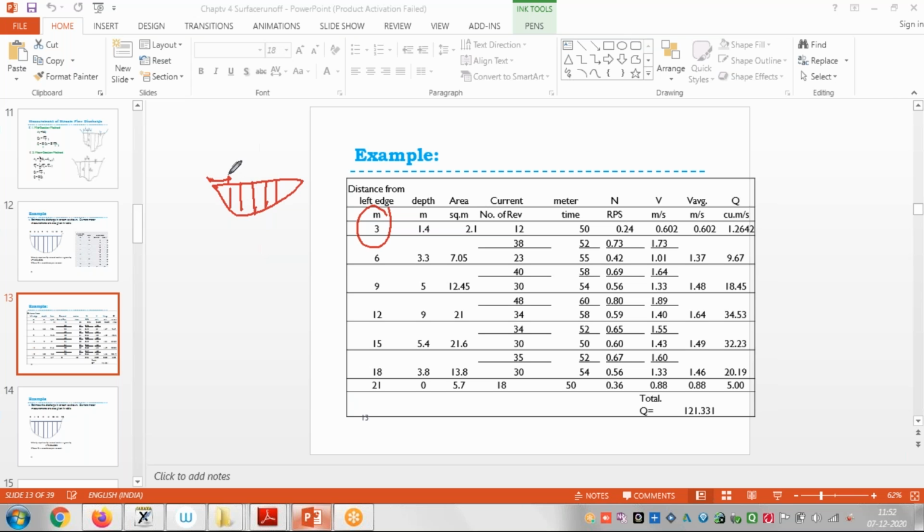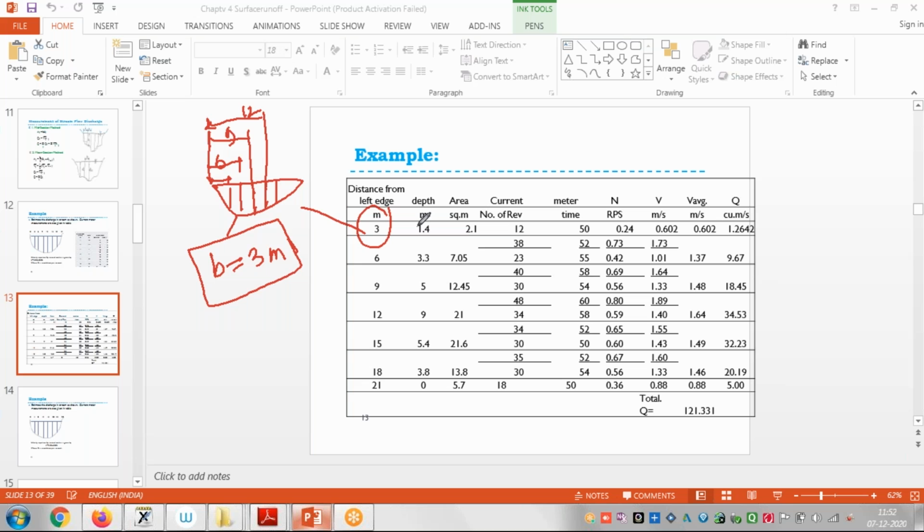From the left edge to this distance is given as 3 meter, right? From this it is given as 6 meter, right? Again from the edge, this distance is given as 9 meter. Likewise, this distance is given as 12 meter. So it means almost the breadth is equal to 3 meter for all, right?